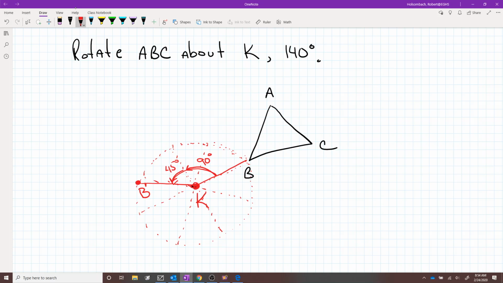Okay? So if you can imagine point A rotating around this circle, but now you're going from A to K, and then you've got to have this same angle. We're a little past it, so we got to go a little past it here. So we're probably talking like point A being right out here. So there's your A prime.